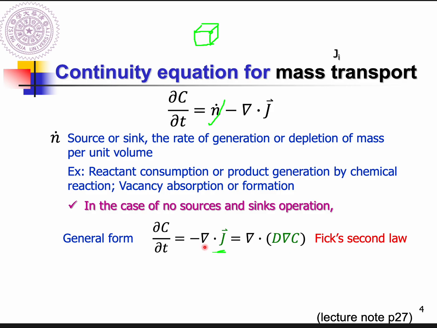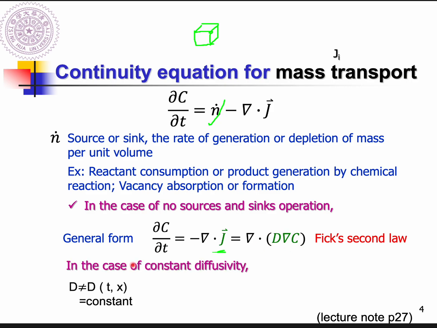In order to simplify this differential equation, we assume that D is constant, not a function of time or location. So you can directly take D outside the operator, and the equation becomes like this. This is what we call the diffusion equation in mass transport.